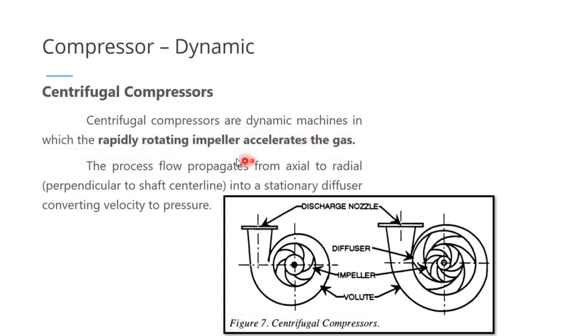Acceleration meaning it will impart velocity or kinetic energy. The process flow propagates from axial to radial. Yung hangin papasok dito sa axial side, then lalabas siya radially, perpendicular to shaft center line into a stationary diffuser. Ito yung diffuser, converting velocity to pressure.